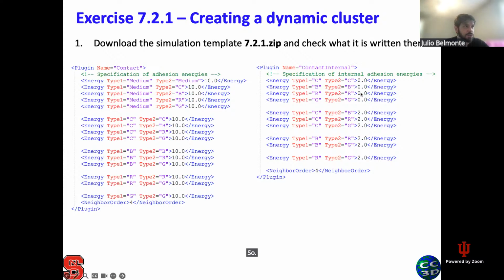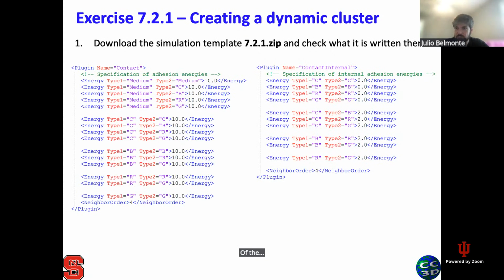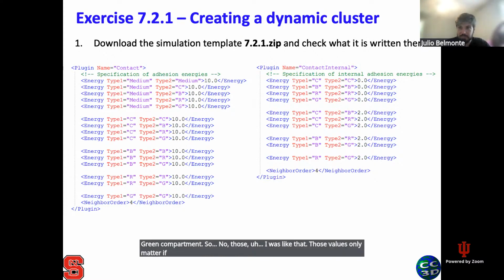So in other words, if you change this energy to be 10 or 100, there's going to be no effect on the simulation, because you only have one copy of the cytoplasm in your cell, and only one copy of the blue compartment, only one copy of the red compartment, and only one copy of the green compartment. Those values only matter if you have two copies of them inside the cell.